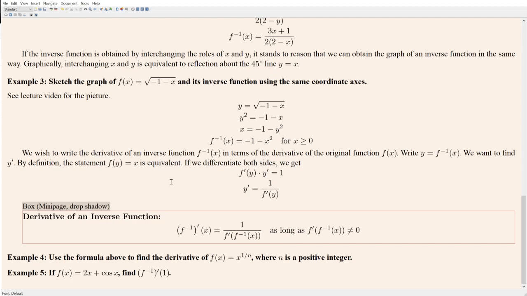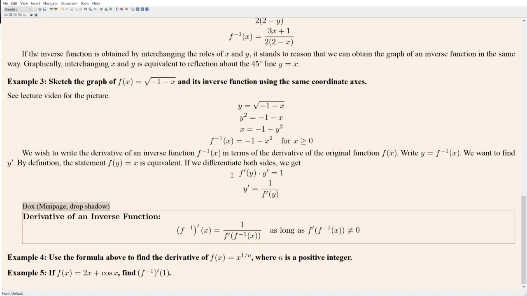Now, let us differentiate both sides of this equation. Well, on the left, we have to use the chain rule, because y is itself a function of x, right? y is the inverse function. So from the chain rule, the derivative of this is f prime, leave the inside alone, times the derivative of the inside.